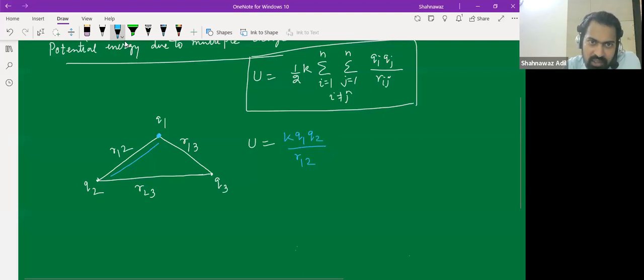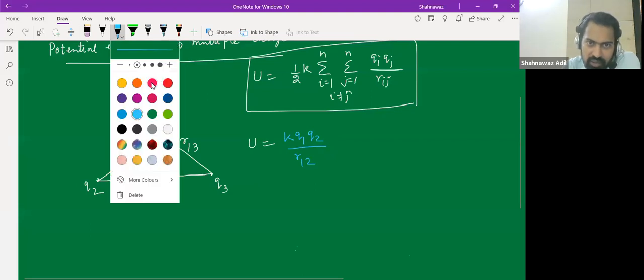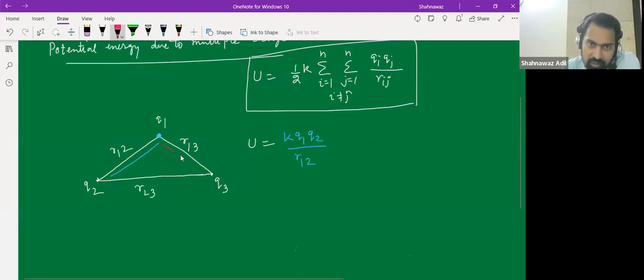Now this charge is also interacting with this one, so we have another interaction, Q1 Q3 divided by R13. What is the remaining interaction that we have?